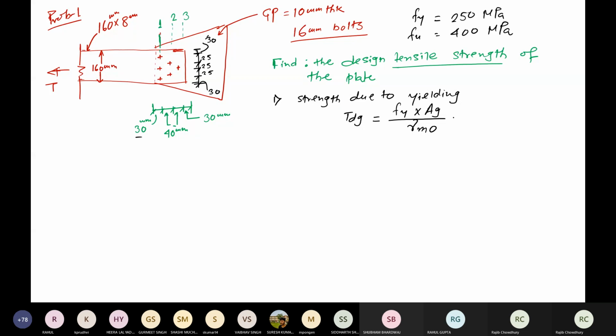So this would become 250 multiplied by 160 multiplied by 8 divided by 1.10. So this becomes 290.9 kilonewton.